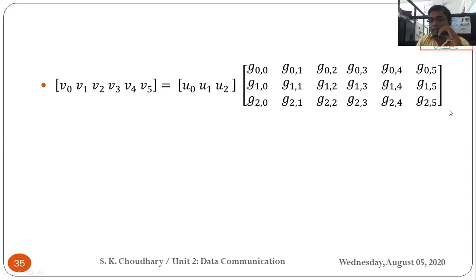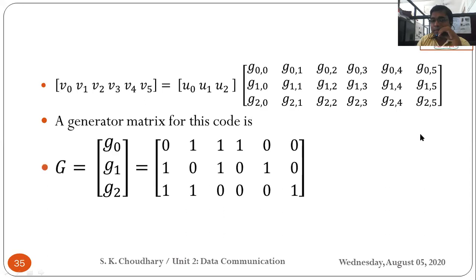K by N, meaning 3 by 6: 3 rows and 6 columns. In the 3 rows, the first index is K, so 0, 1, 2, repeated for each, and the second is N, so 0 to 5 in each row. In this way, we have written the generator matrix.